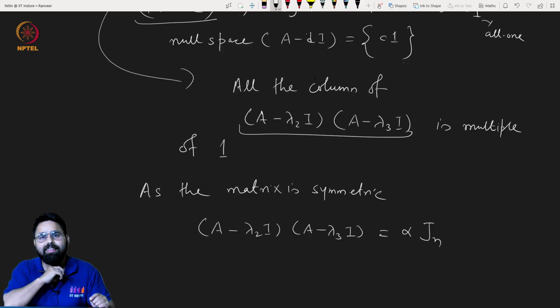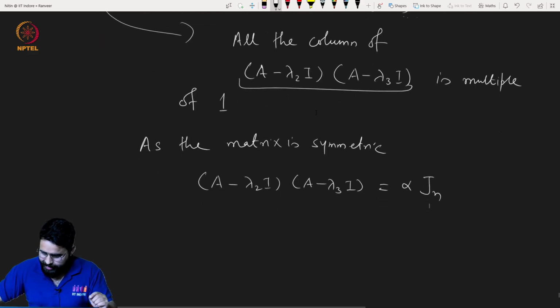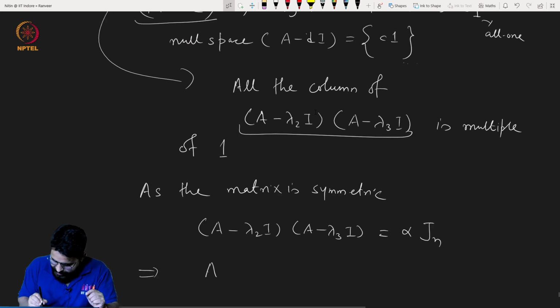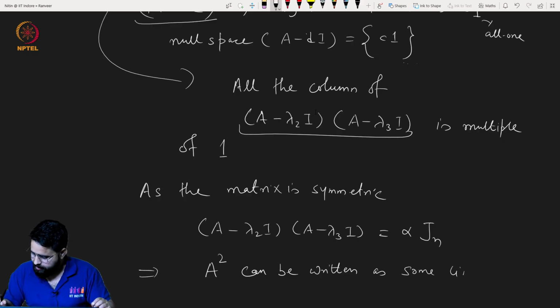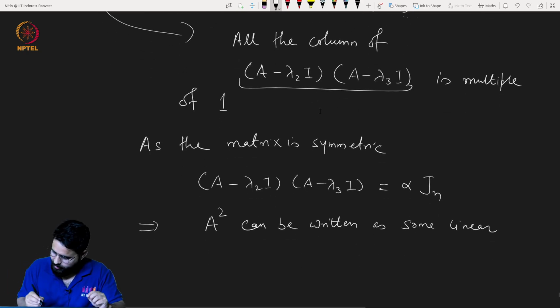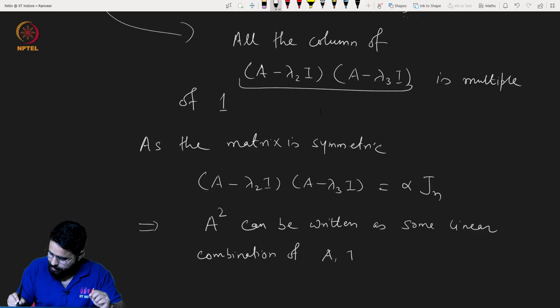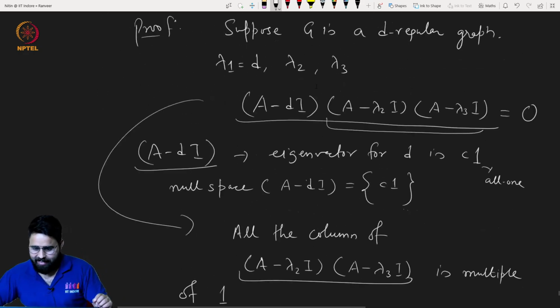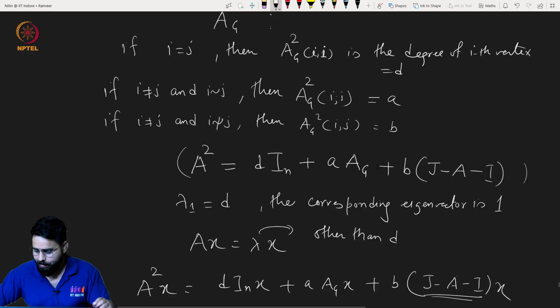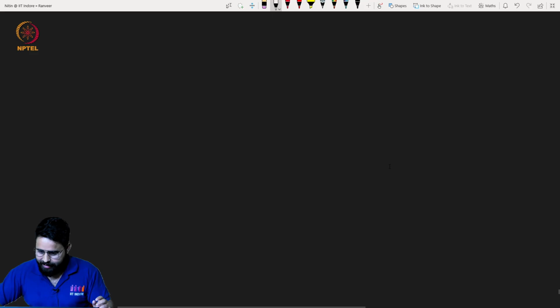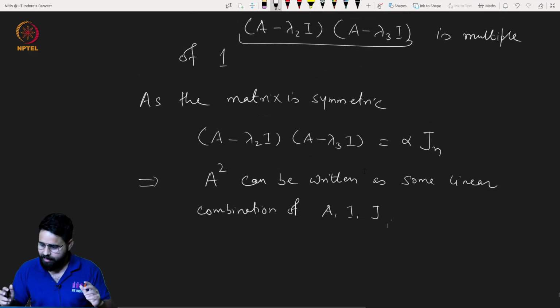This implies that if you open this up, A squared can be written as a linear combination of A, I, and J. Okay, I'm sorry, I have lost some text somewhere. Yes, A squared can be written as a linear combination of these. We have that by the definition of a strongly regular graph.